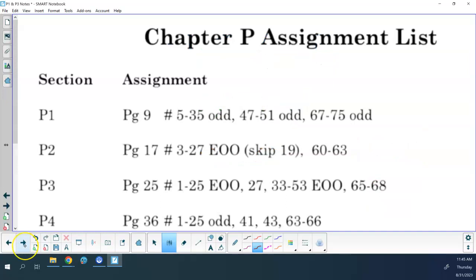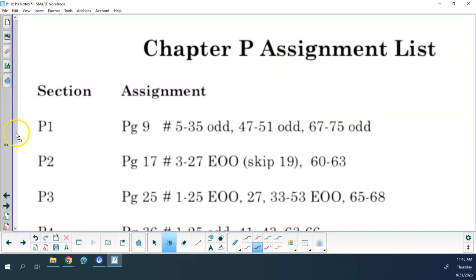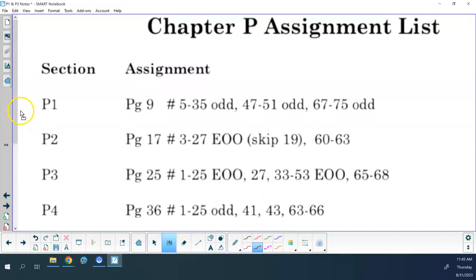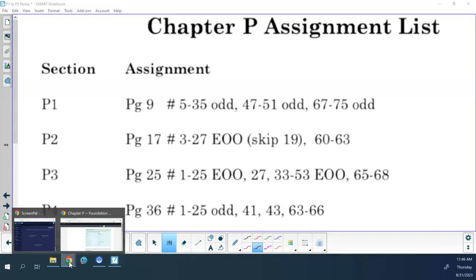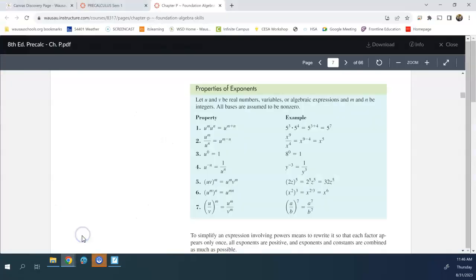Yesterday, y'all got an assignment list. It was on a half sheet of paper. So as of right now, we are basically through the first 4 sections of chapter P in your textbook. So if you want, you could do some of these extra problems to get your mind back into thinking of them.